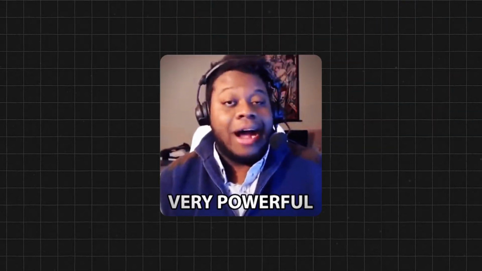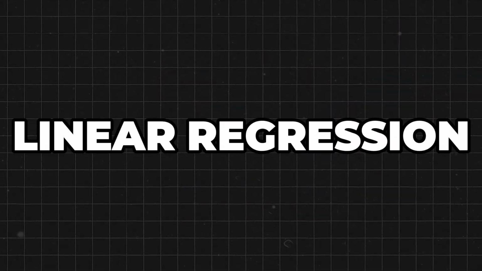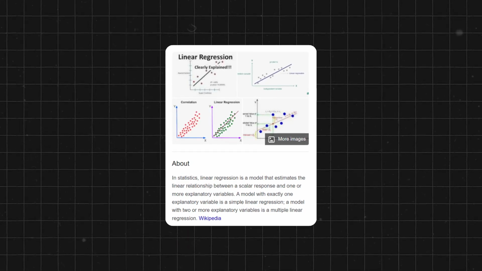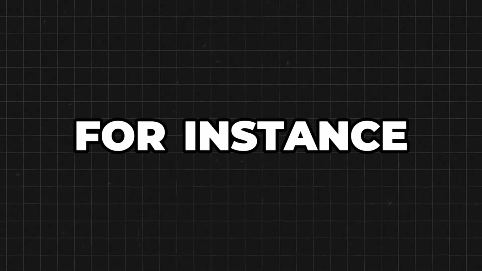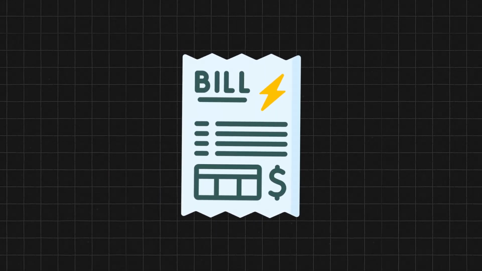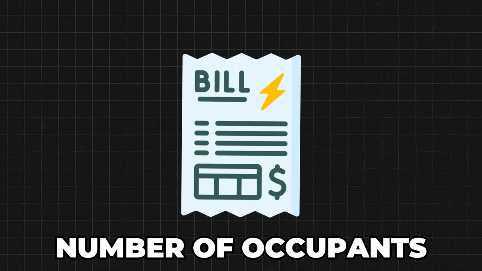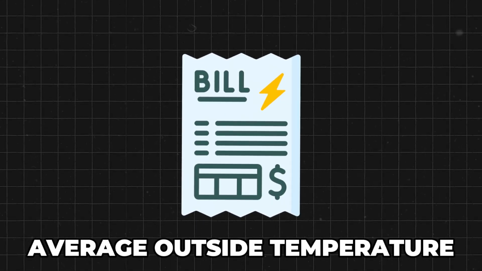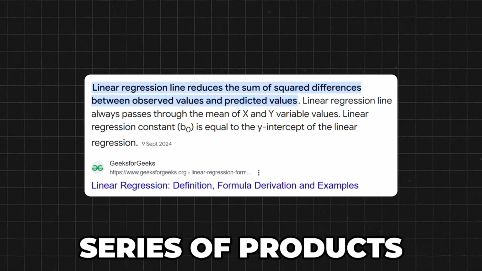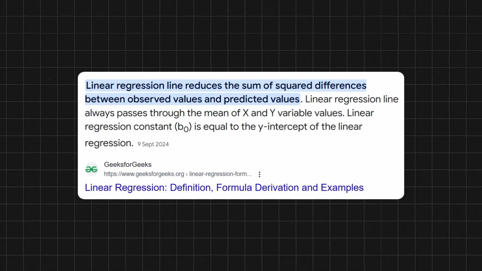One of the most powerful techniques is linear regression, which predicts a continuous output by assuming that the outcome is a weighted sum of the input features. For instance, if you wish to estimate someone's monthly electricity bill, you would consider factors like the size of their home, number of occupants, and average outside temperature. In this scenario, the prediction is the sum of an intercept and a series of products between each feature and its corresponding weight.